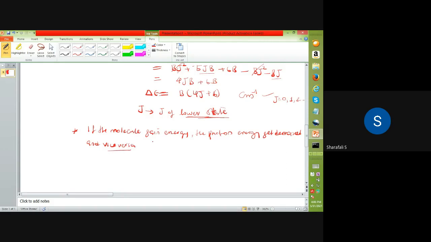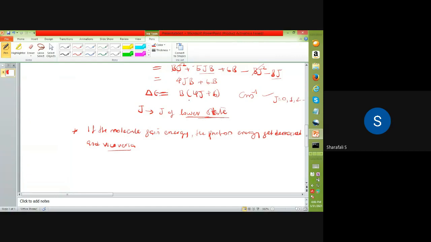If the molecule is decreasing its energy because of that scattering, then the photon will gain energy. So both things are possible.